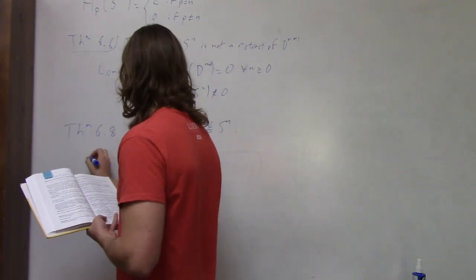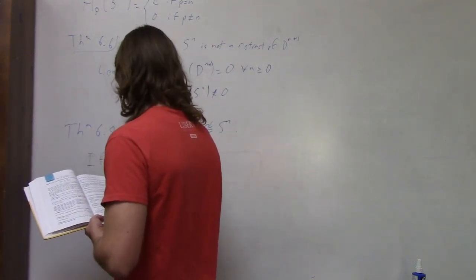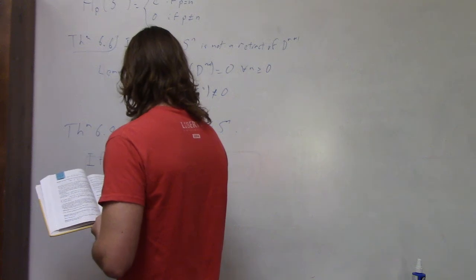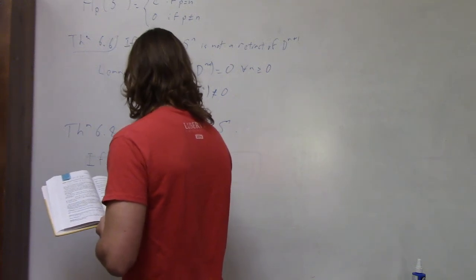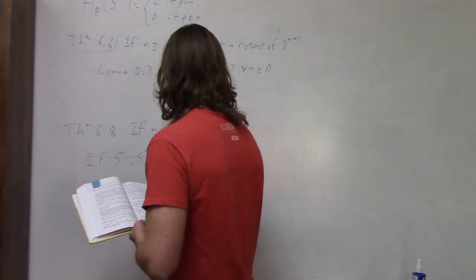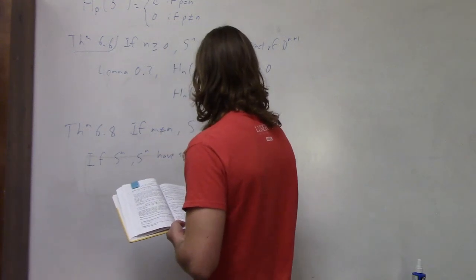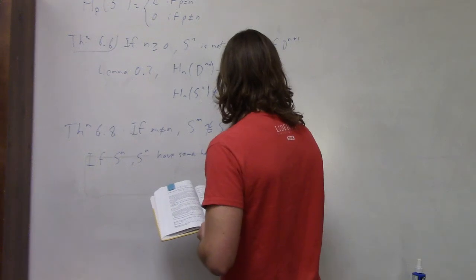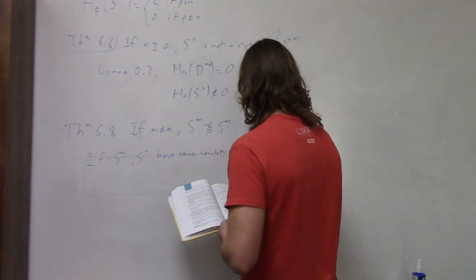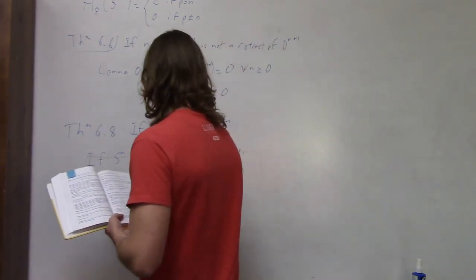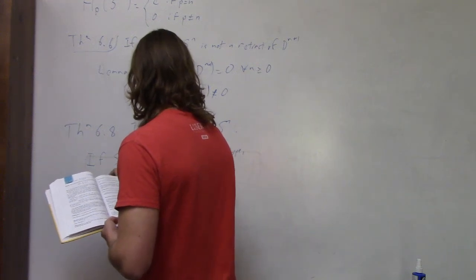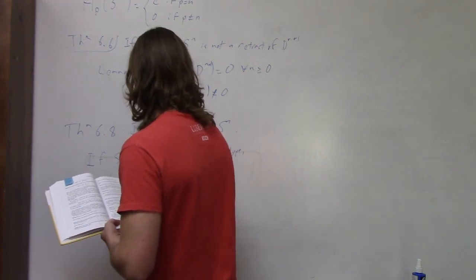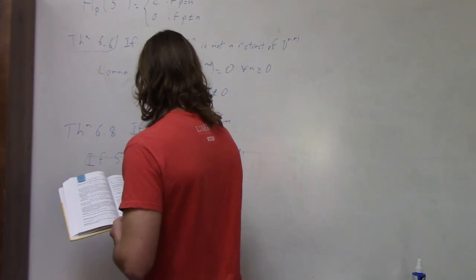Suppose Sm and Sn have the same homotopy type, then they have the same homology, but we know that's not true.